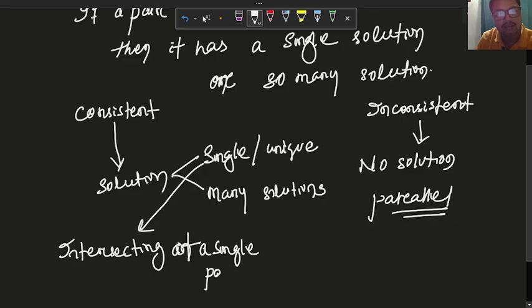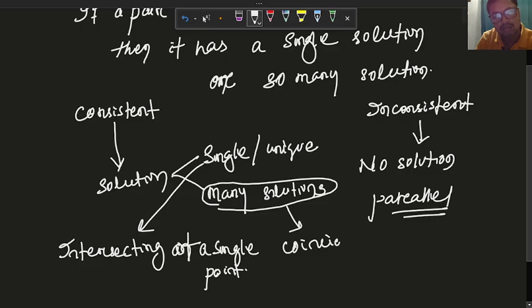If they have many solutions, then they are coincident, that means one line lies on the other line, so there are so many solutions. We have learned this much in the previous class.